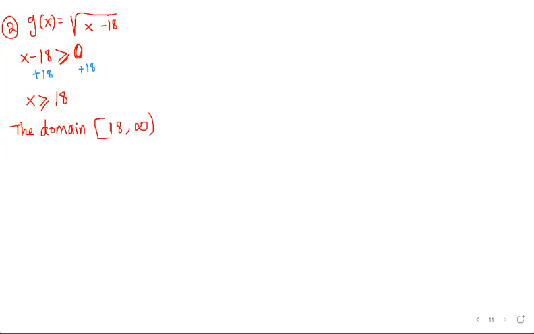Okay, but if I plug in any number less than 18, for example 17, this function will give me an error. Why? For example, the square root of 17 minus 18 gives me the square root of minus 1, and the square root of minus 1 is undefined for real numbers. So the only possible input for the domain is from 18 to infinity.